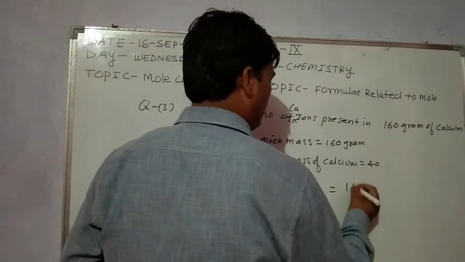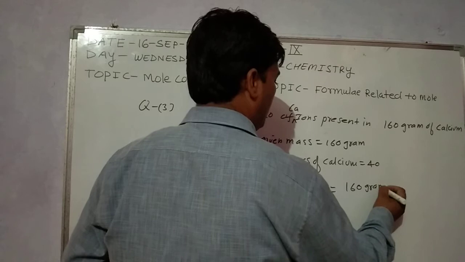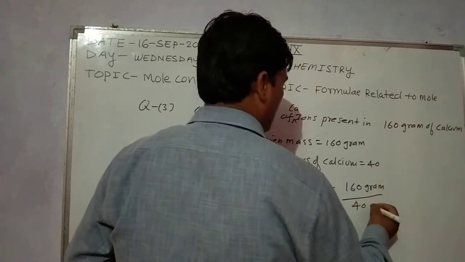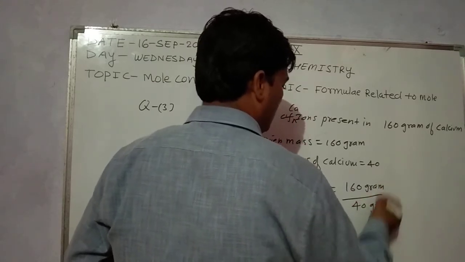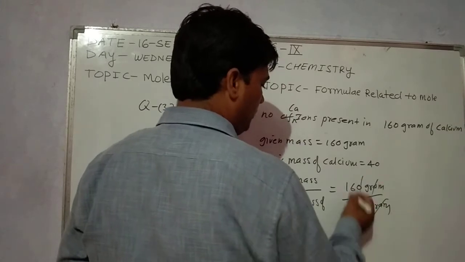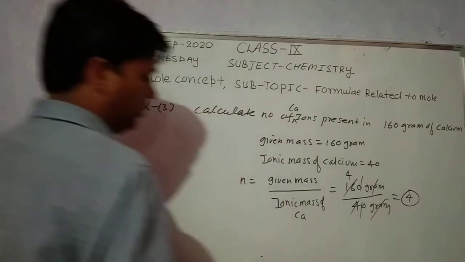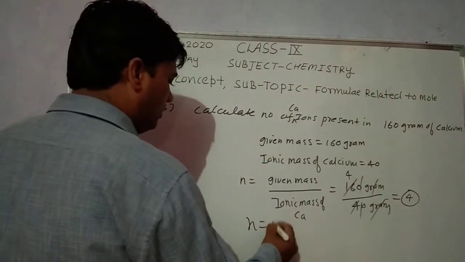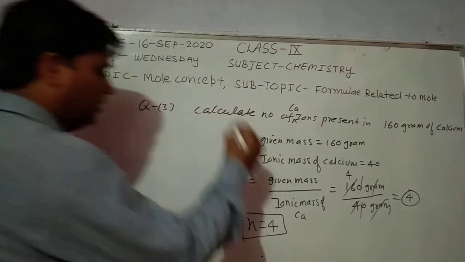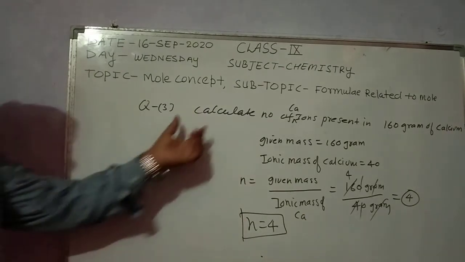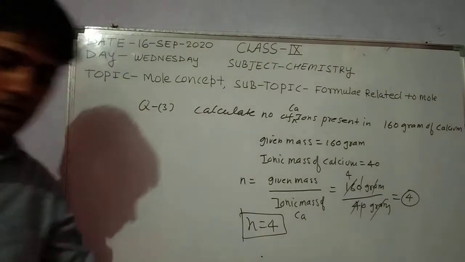So given mass is 160 gram and ionic mass is 40 gram. Gram cancel, 0 cancel, 4 into 16. So total number of moles n is equal to 4. So in this way we can calculate the number of moles in a particular sample. Okay.